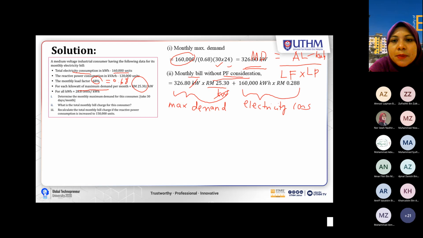That was just the maximum demand. For industry it is a little different: there is maximum demand and there is the electricity consumption. So the maximum demand is multiplied by its price, and then we also have the price for the electricity consumption. So 160,000 kilowatt hour times 28 cents per kilowatt hour. So the industry has to pay 54,348 ringgit. This is for the electricity bill without the power factor consideration.